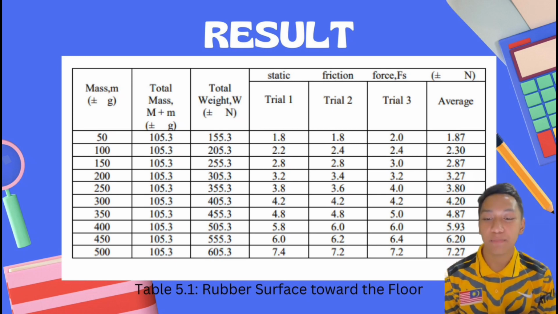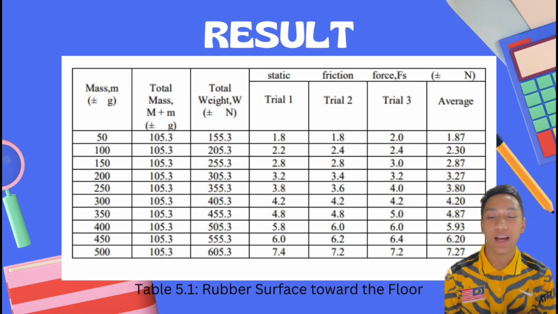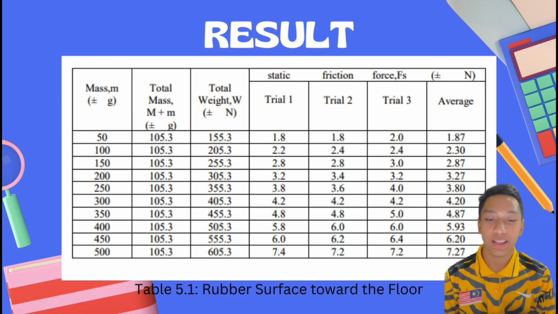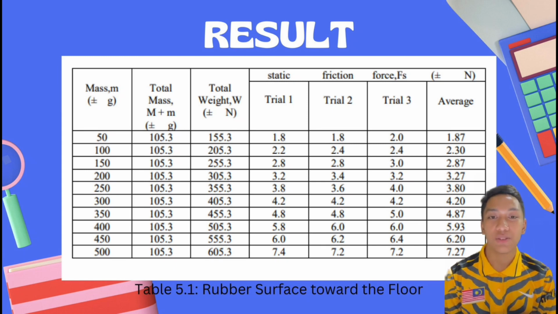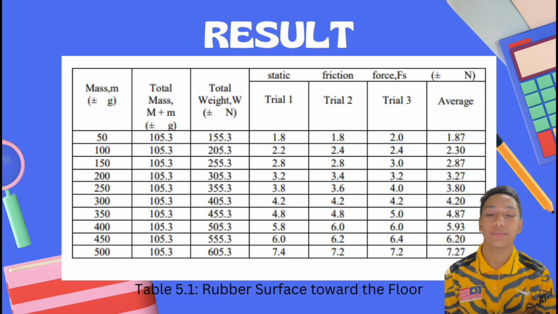For the next example, the mass is 100, the total mass is 105.3, the total weight is 205.3, and trial 1 is 2.2, trial 2 is 2.4, and trial 3 is 2.42, and the average is 2.30.